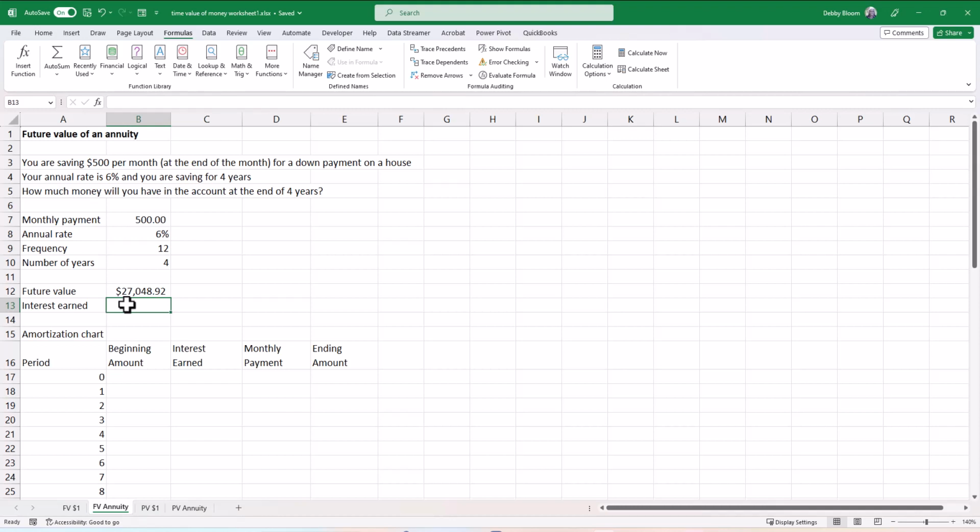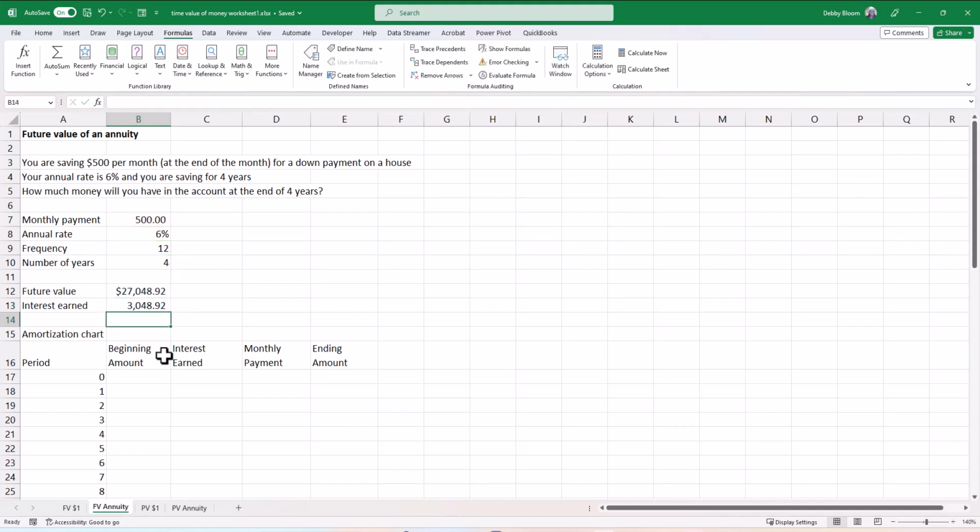So I'm going to click in cell B13, type an equal sign, take the future value and then subtract what we put into the account, which is $500, cell B7, multiplied by 4 years, multiplied by 12 payments per year. So that's $500 multiplied by 48, which is $27,000.